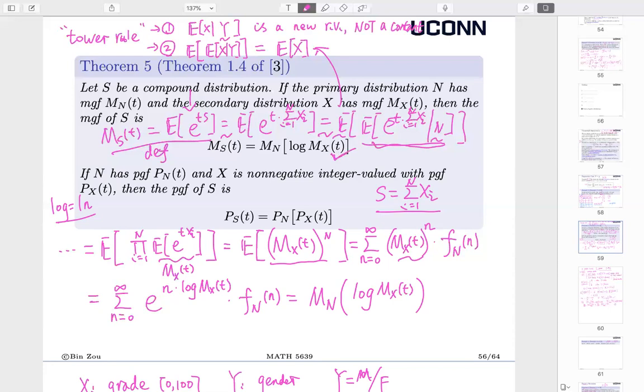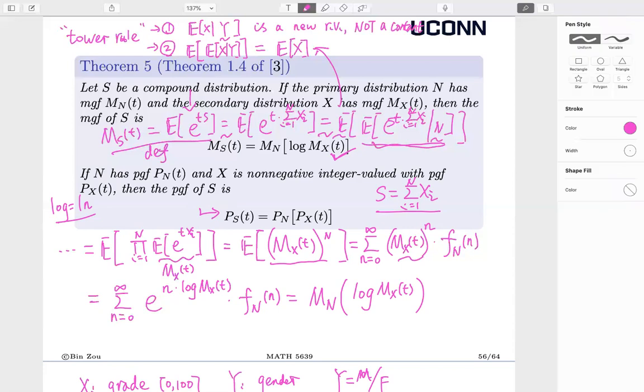Okay, the probability generating function can be proved in a similar fashion, right? So if I switch to a different color, what will change? At the beginning, you have, let me erase this, the probability generating function is t to the S, right?